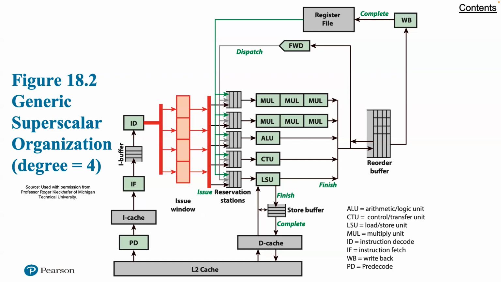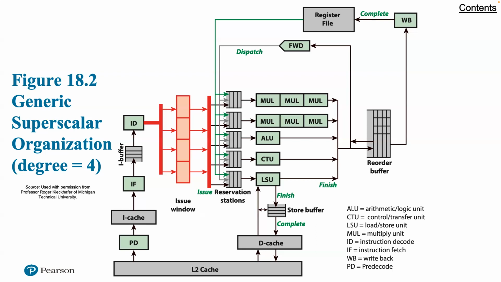Each reservation station is essentially a set of input registers that are used to buffer operations and operands for a functional unit. The purpose of the reservation station is to relieve a bottleneck at the instruction decode, that is the ID stage. The ID can issue an instruction as soon as the functional unit is available and hazards are resolved.